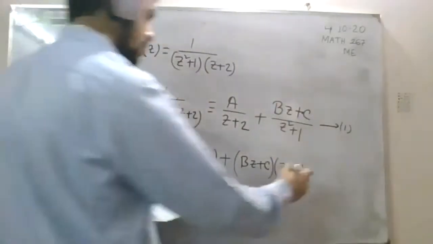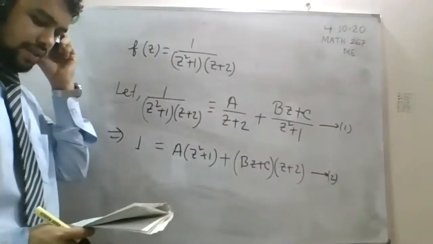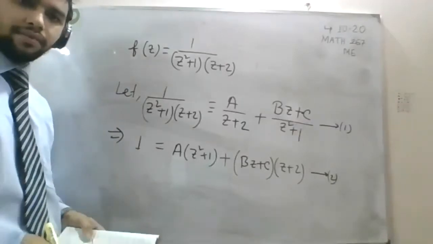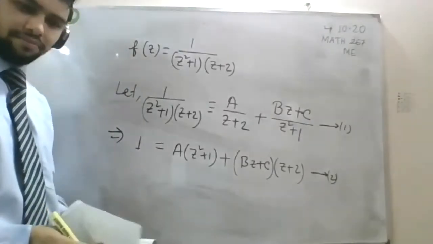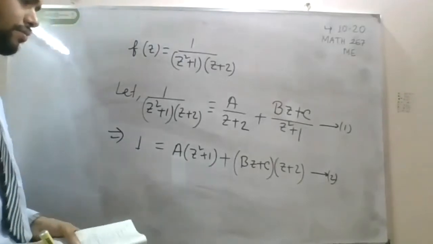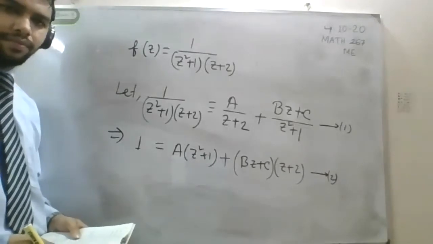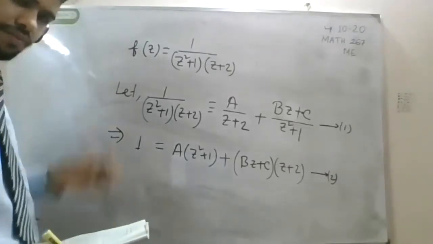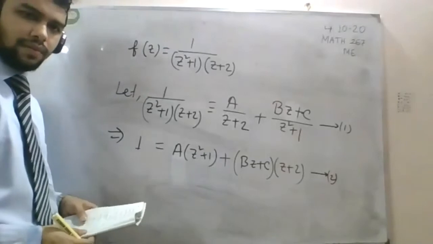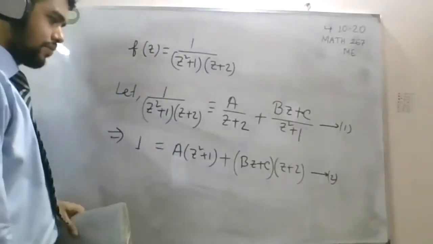Okay, so this is our equation 2. Now tell me, how can I solve this? Sir, we will take z equals -1 or -2. -1 and -2. With -1 something goes away, sir; if we take -2, the right side b and c terms go away.